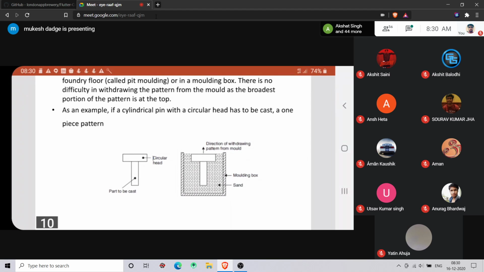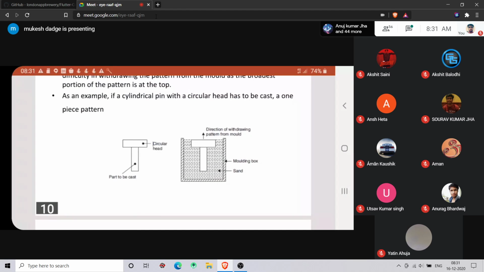If there is even a little angle, it will break the sand. So what do we do? Shaking is done, and after shaking, the pattern is taken out a little. So you have to add some shaking allowance on the pattern. Is that clear?